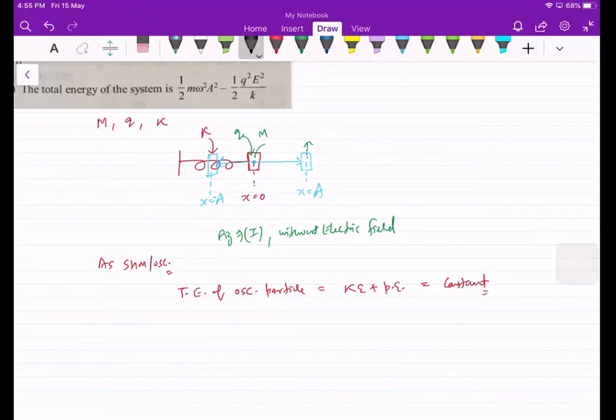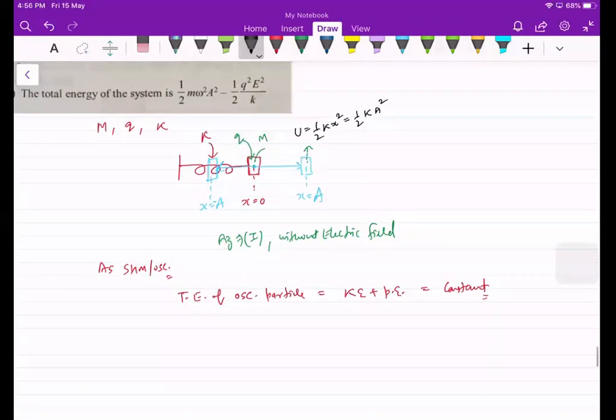So at this location, we can calculate the potential energy of the spring using the half k x square expression by putting the x value as a. So we have half k a square, and further you know the value of k from your chapter on oscillation. It is m omega square.